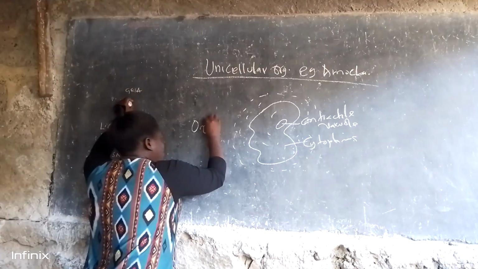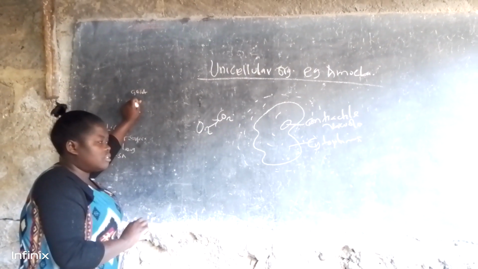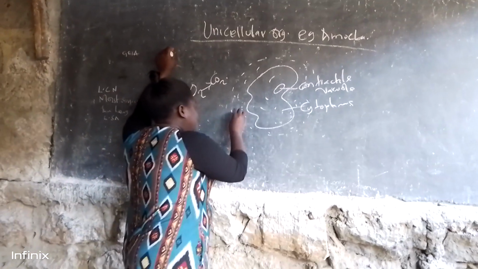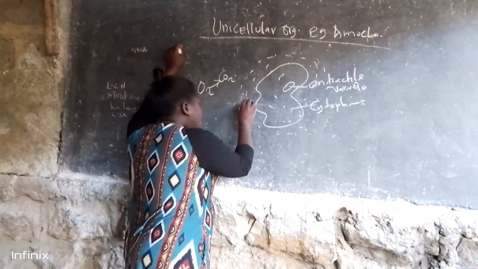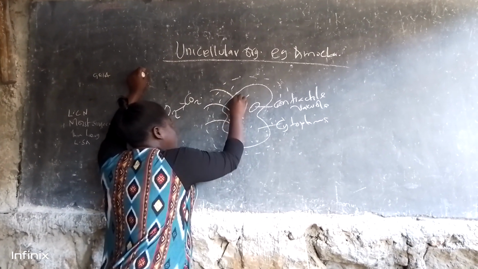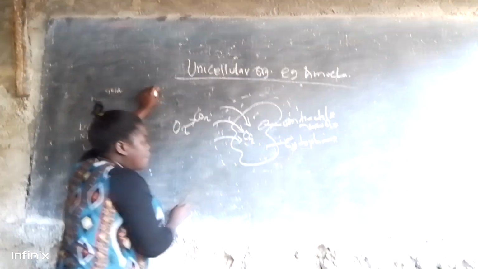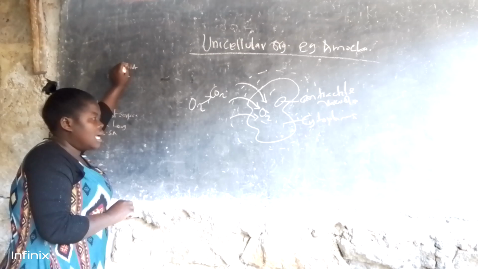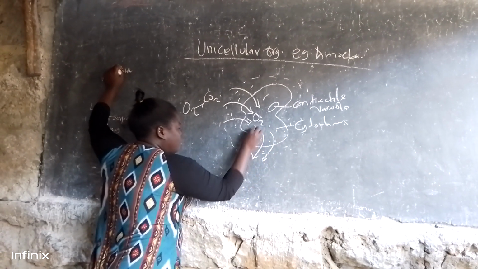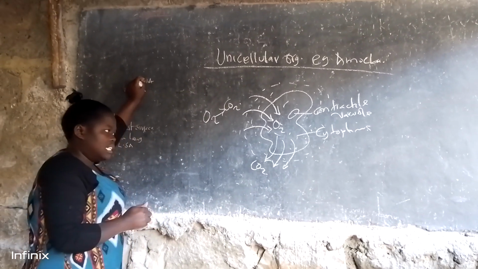Then they remove CO2 as a byproduct of metabolic activities inside the cell. So the dissolved oxygen in water will flow inside the amoeba, and CO2 diffuses outside after metabolic activities have occurred in the organism.